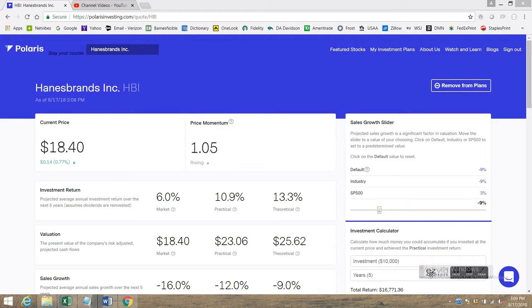But this is just a more brief way to focus on modifying the other values besides sales growth using the Polaris website.